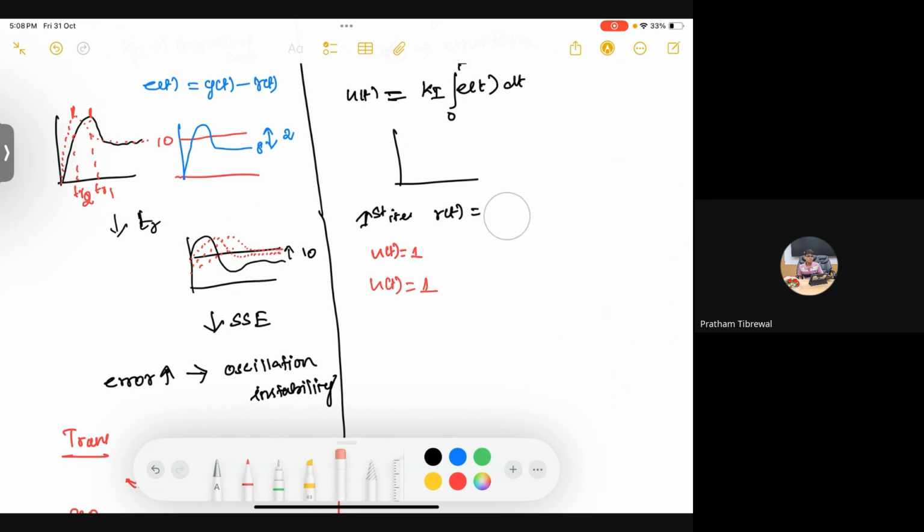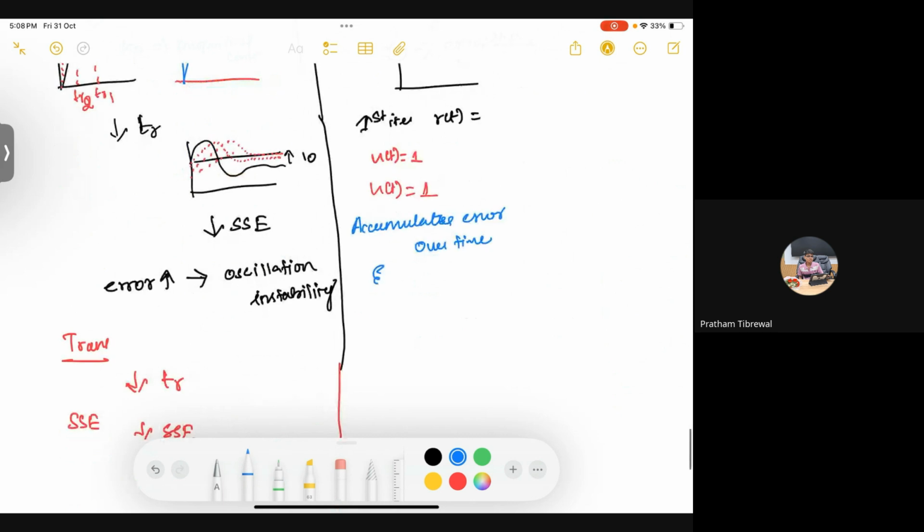So when it comes to an integral controller, it accumulates error over time and produces control gain or control effort proportional to the accumulated error.